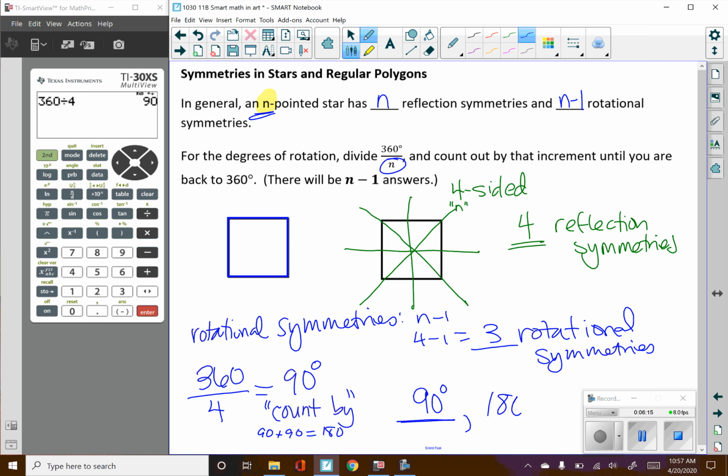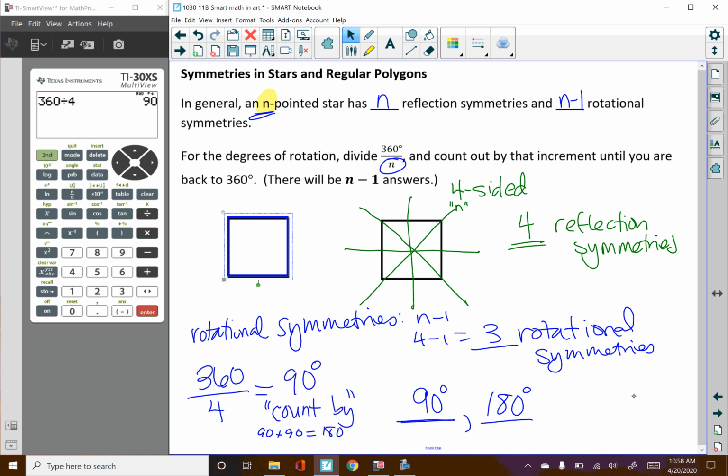That's our next answer. If my square started like this, 180 would be this green dot at the bottom now. That's the same. And then I need to have n minus 1 answers, so I should have 3 answers here. So there is one more answer.